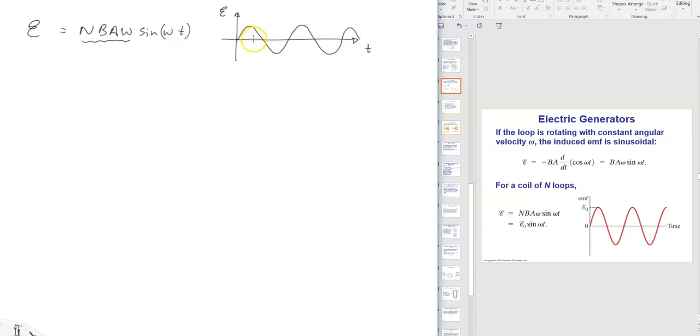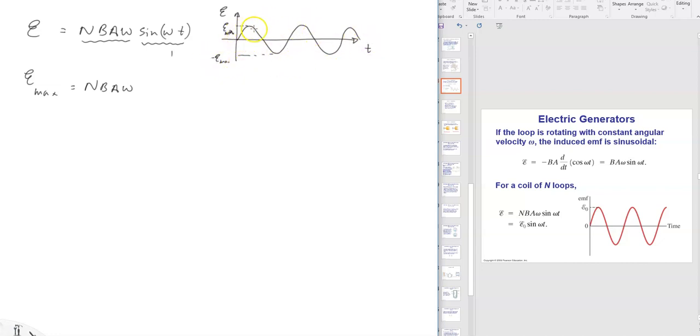Now in this sine wave, what is the maximum? The maximum a sine can get is 1. So therefore, maximum is NBA omega. So this graph, the voltage it generates, goes to a maximum of this E max and a minimum that is also E max but negative, and it oscillates between, right?